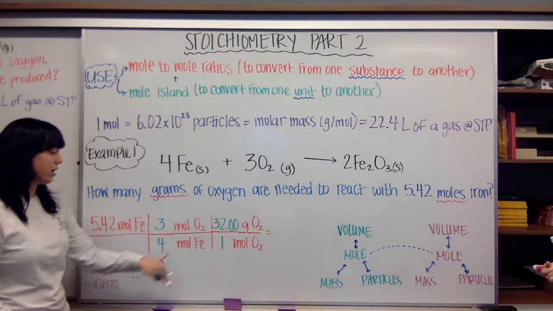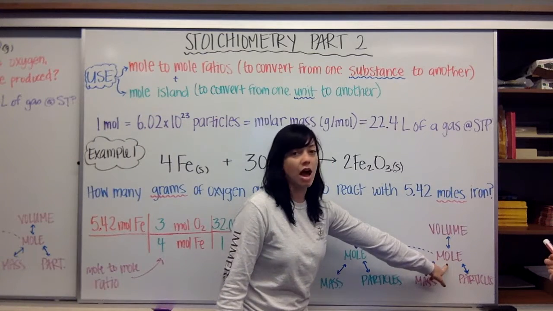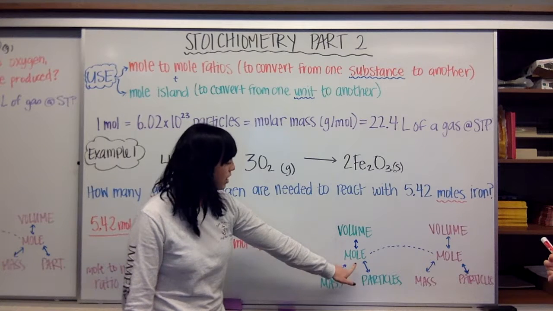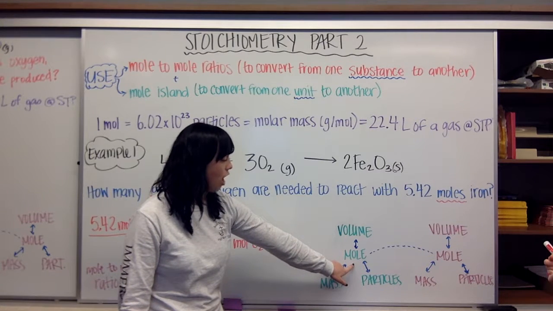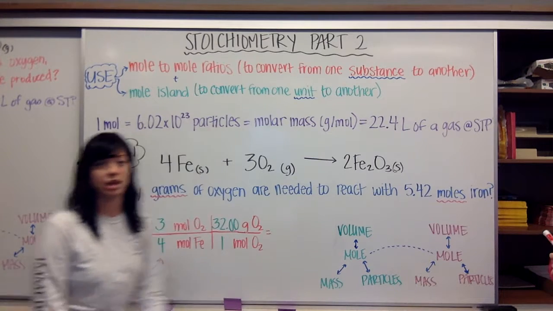The next thing I do is I use my mole-to-mole ratio, right? So I'm going from moles of iron to a new mole island for moles of oxygen. Then when I'm in my mole island for oxygen, I'm going to be able to predict how many grams of oxygen that is.